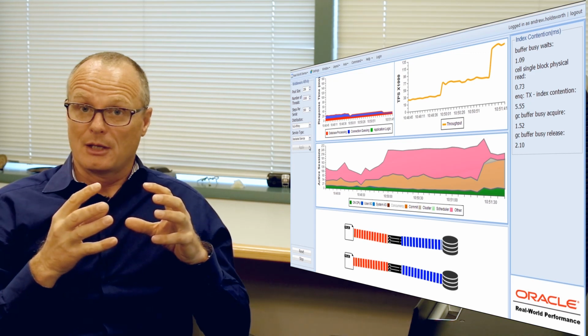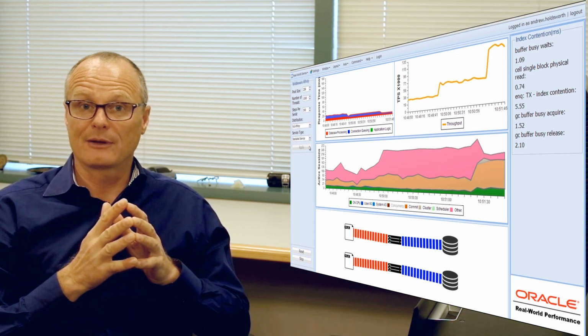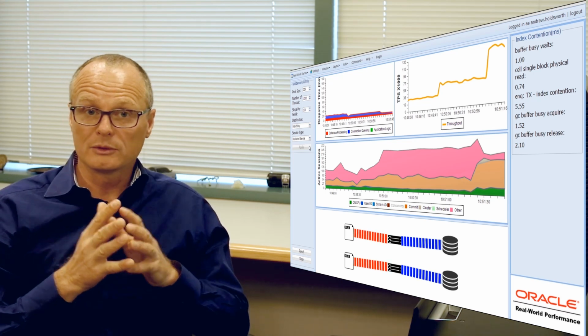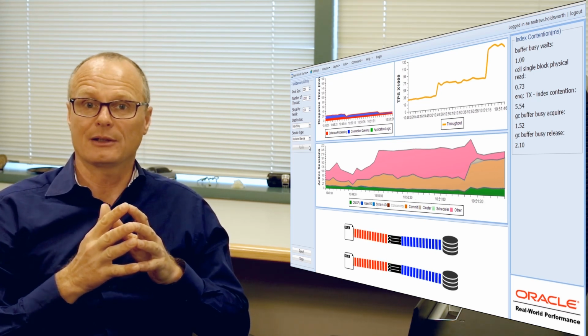Okay? Now, it may look smart in an architectural diagram to load balance over everything, but all data by its nature tends to have some sort of clustering ID.